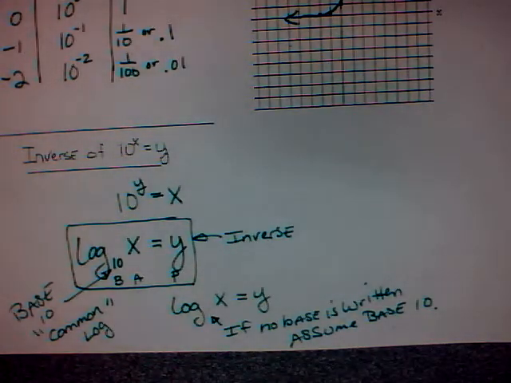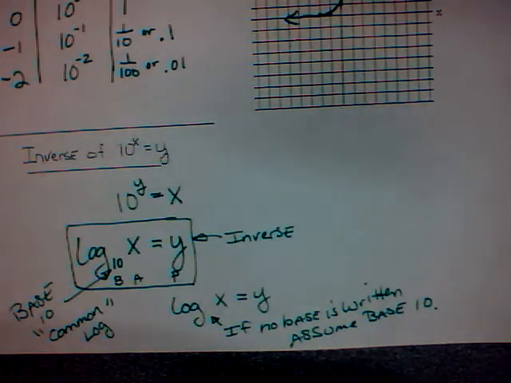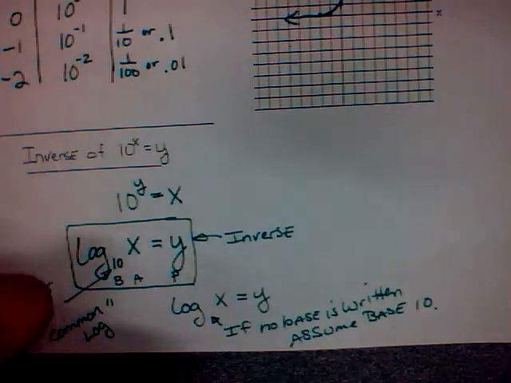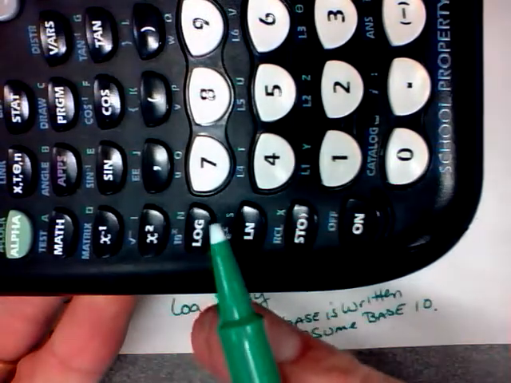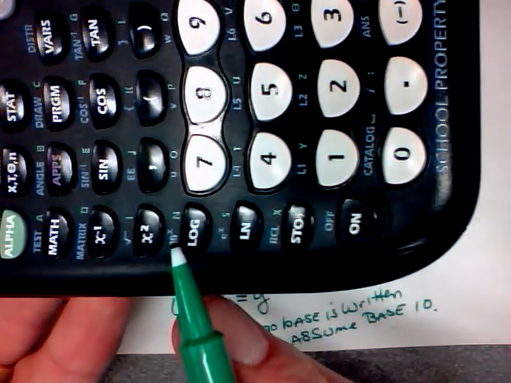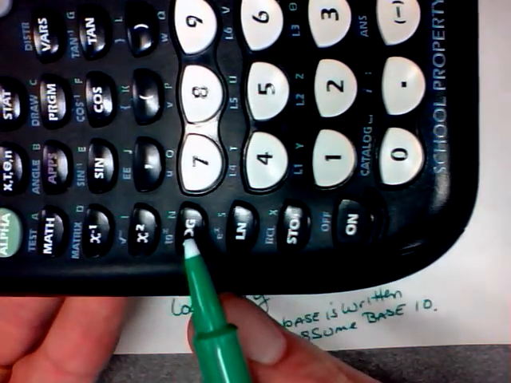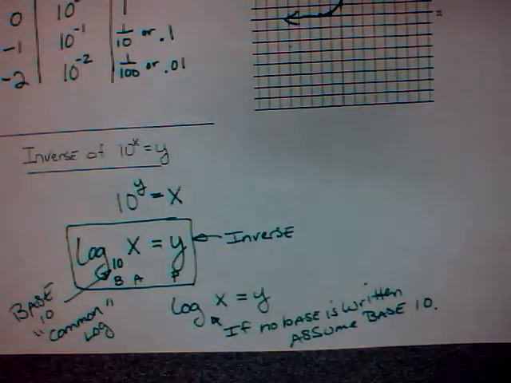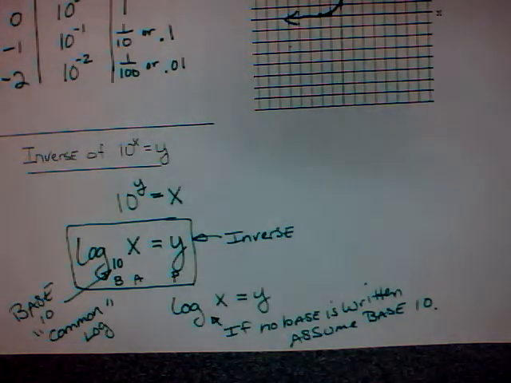And on your calculator, if we look at the log button here, you will notice, see how this is log right here? Well, right above it is 10 to the x. There's the log, and the inverse is 10 to the x. So the inverse of log is an exponent, and the log button on your calculator is base 10.